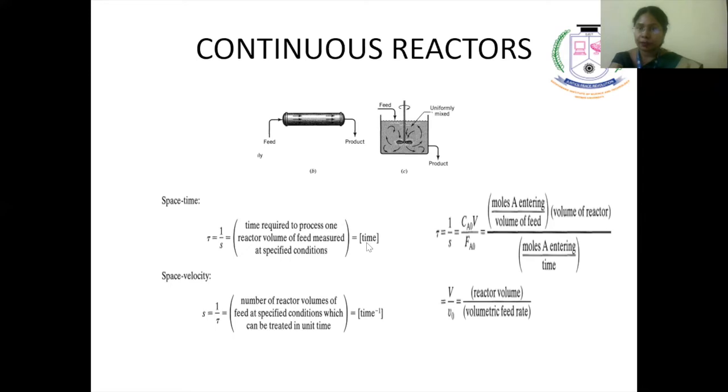This has the units of time. And space velocity is the inverse of space-time, which is the number of reactor volumes of feed at specific conditions which can be treated in unit time. It has the units of time inverse. So space-time has different representations like tau is equal to 1 by S is equal to Ca naught V by Fa naught is equal to volume by volumetric flow rate.